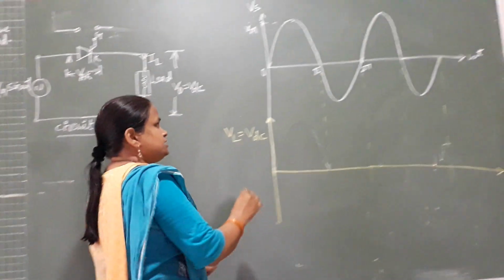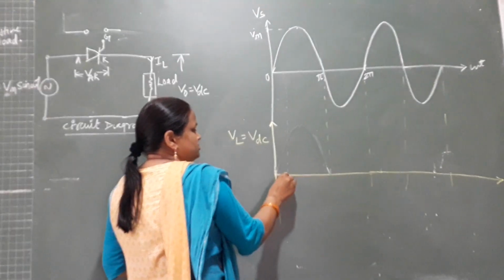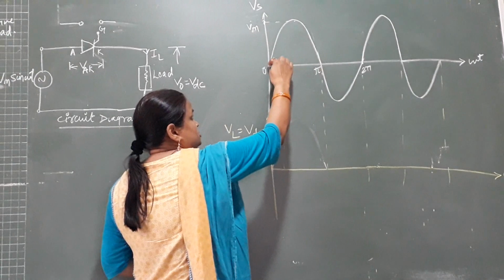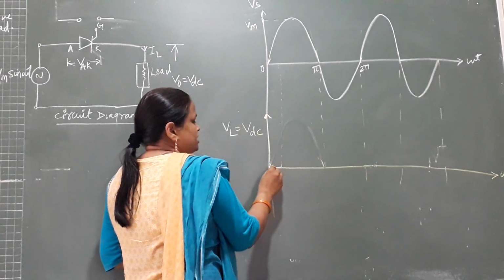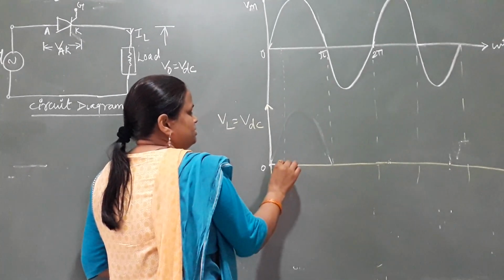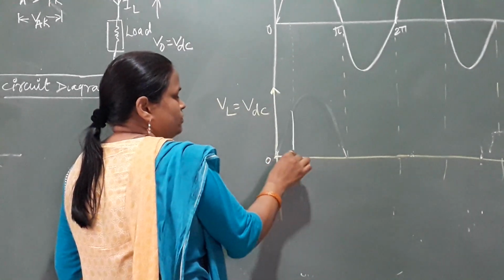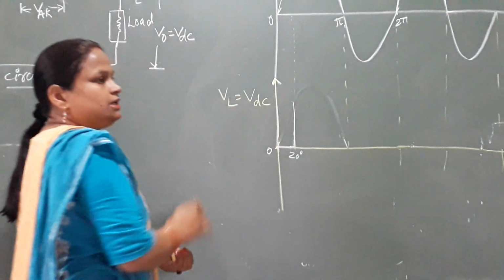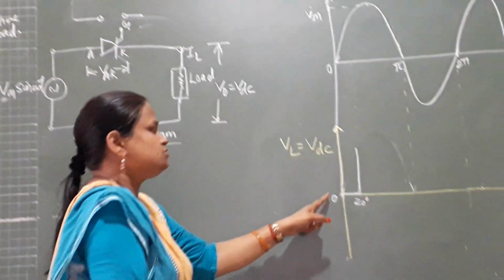For example, at omega t equal to 20 degrees, the anode is positive with respect to cathode, and you apply the gate signal. Until then you will not find any output, because it acts like an open circuit. There is no connection between load and source, so the output is 0.